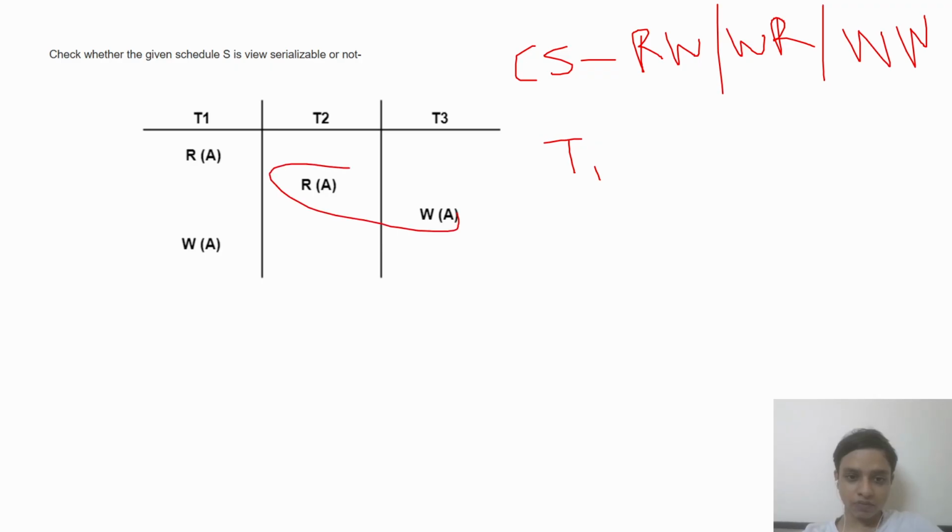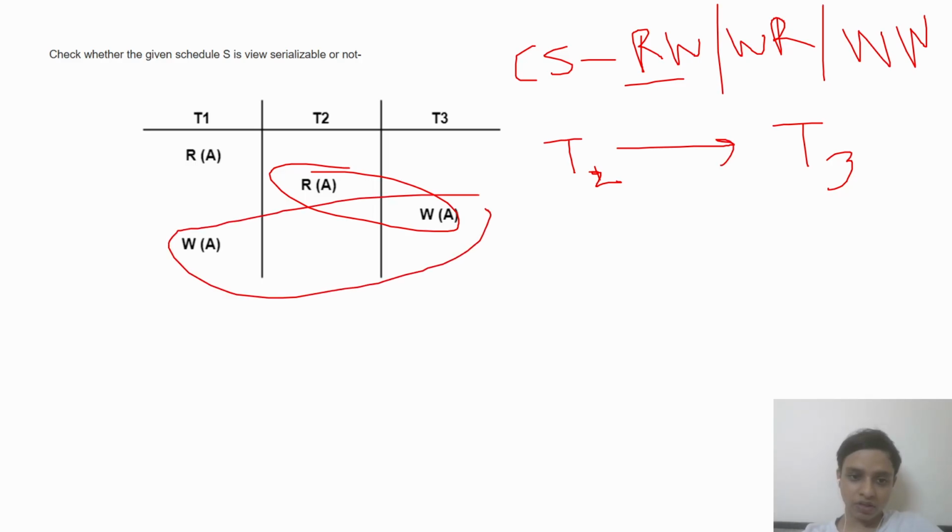So this is a conflict from T2 to T3. T2, T3. This is an RW conflict. This is also a conflict, a WW conflict. T3 to T1. Okay.